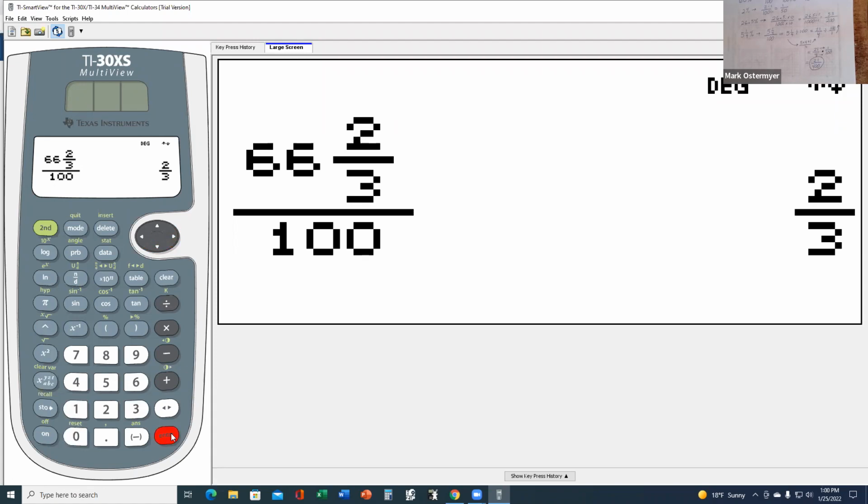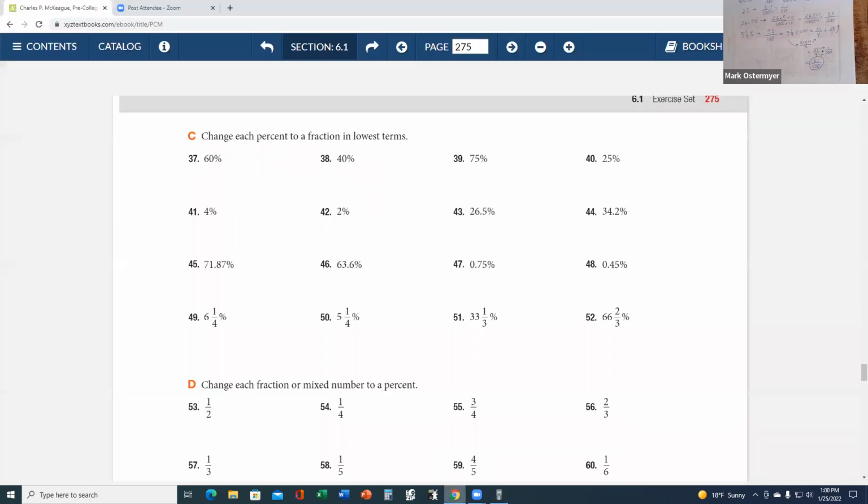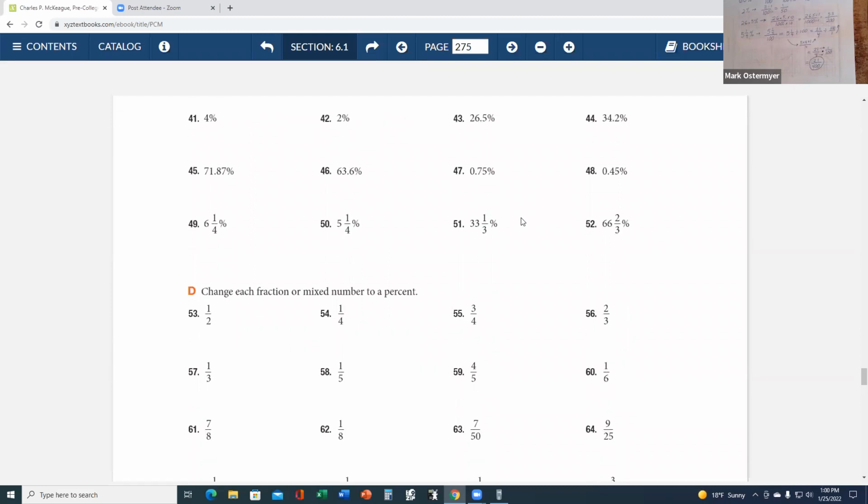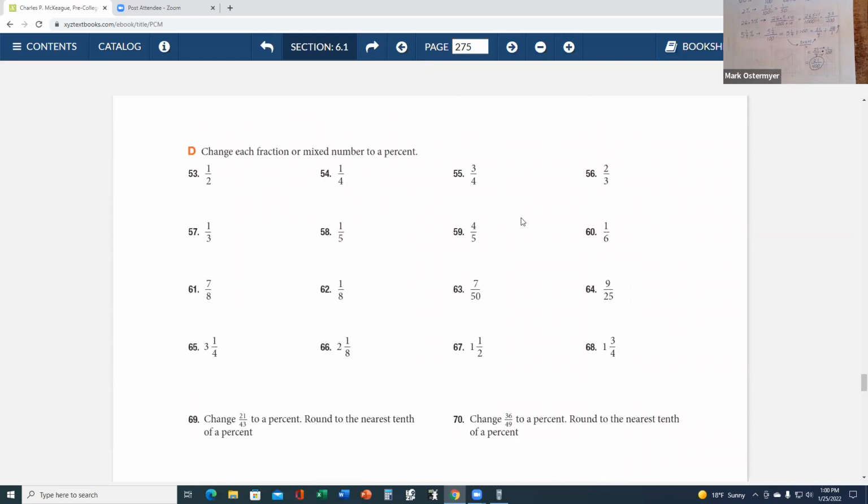Isn't that amazing? It's amazing what this machine can do. Talk about saving time. All right, so that's how you turn a percent into a reduced fraction.